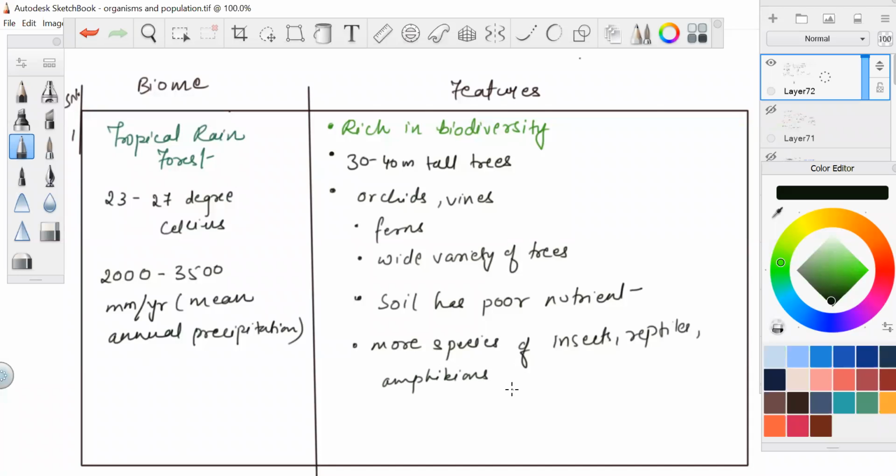Many mammals also, small and large mammals are found here more than any other places. Even all sorts of colorful birds also. Mammals like monkeys, elephants, you will find more in this biome, that is tropical rainforest.